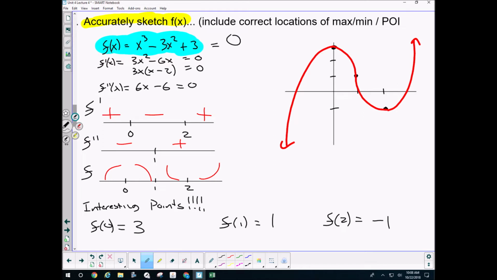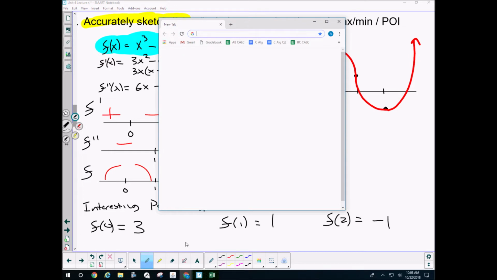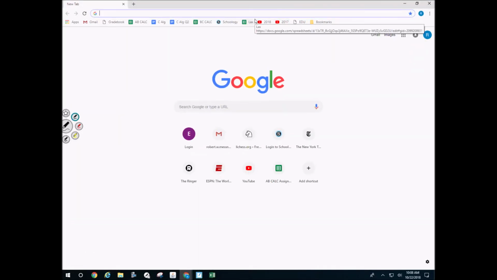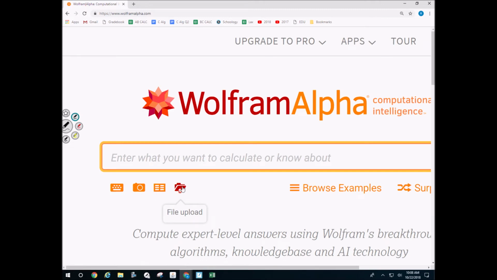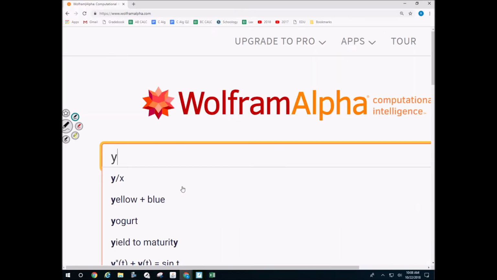Don't try to find the zeros. Okay? But let me just show you, my friends, the power of what you just did. And this is how people graphed functions before the use of a graphing calculator, is they understood calculus.